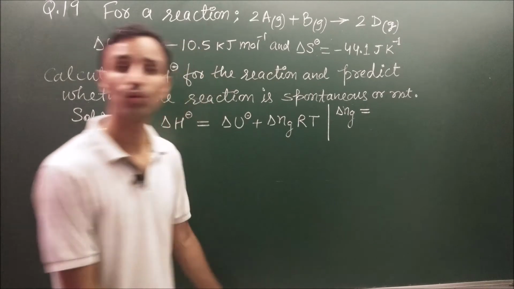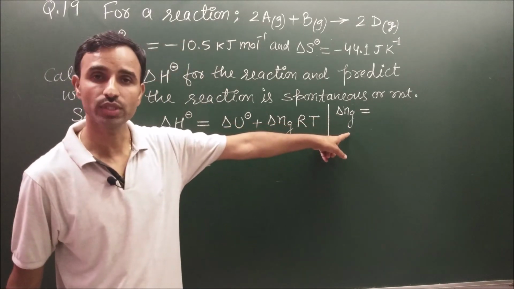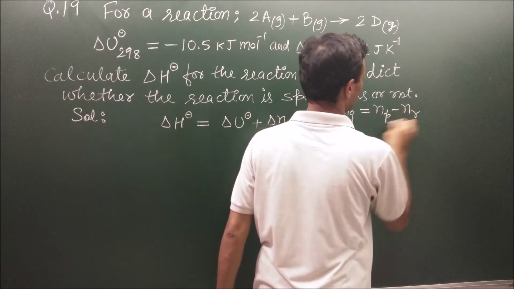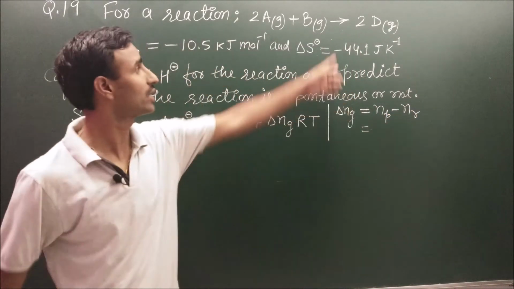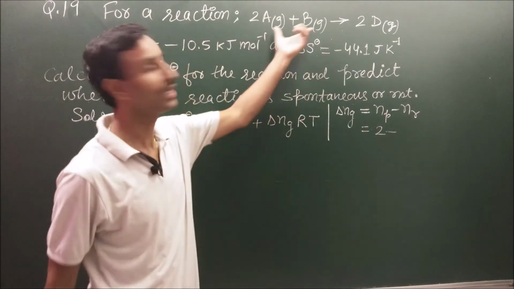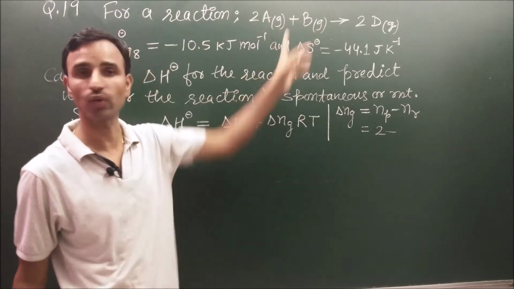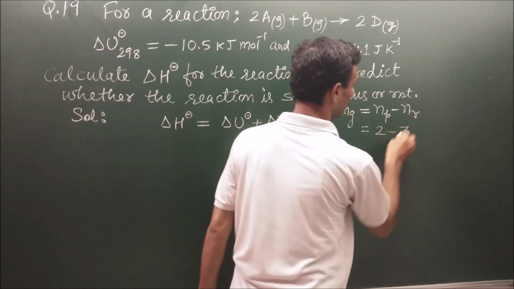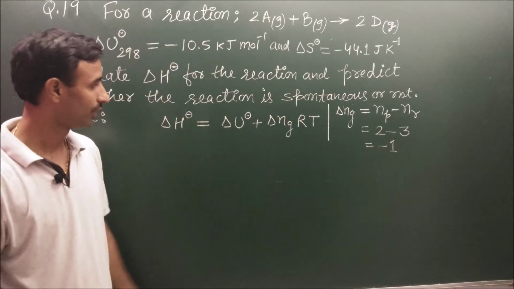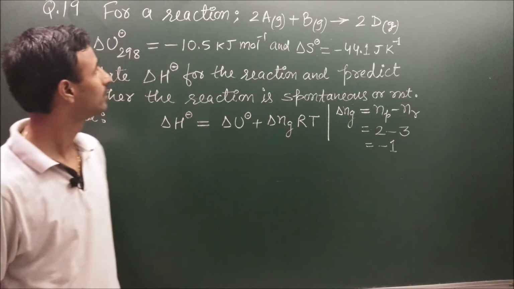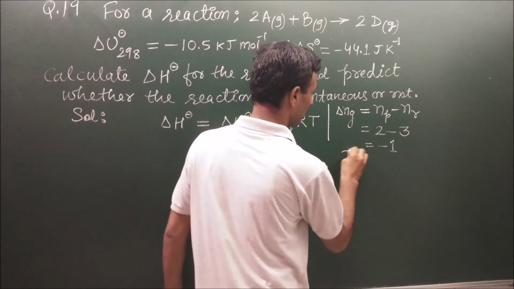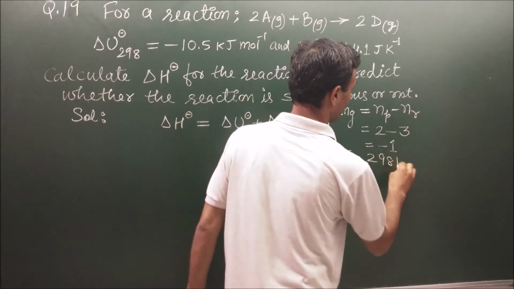Now delta ng for the given reaction. Delta ng equals the change in gaseous moles, product minus reactant. For product, gaseous moles are 2. For reactant, gaseous moles are 2 plus 1, meaning 3. So delta ng comes out to be minus 1. Now T is given, 298 Kelvin.